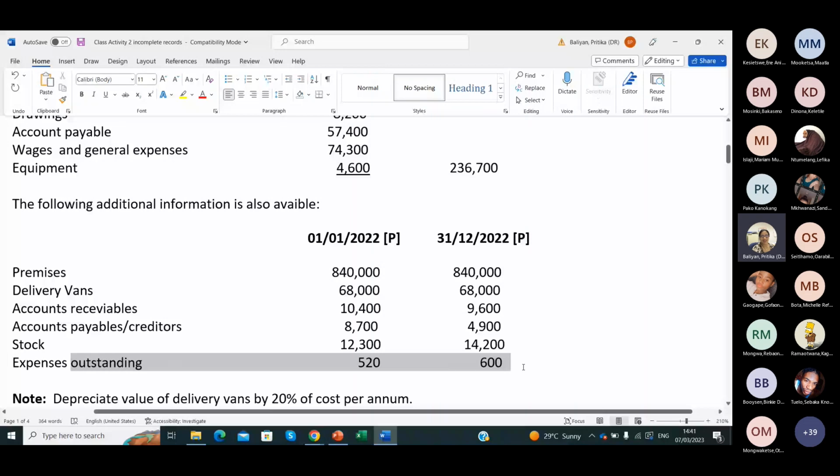So how much is the increase? Outstanding expenses 600 minus 520. Can you see? When you subtract, that's how you get this figure 80 for the wages.